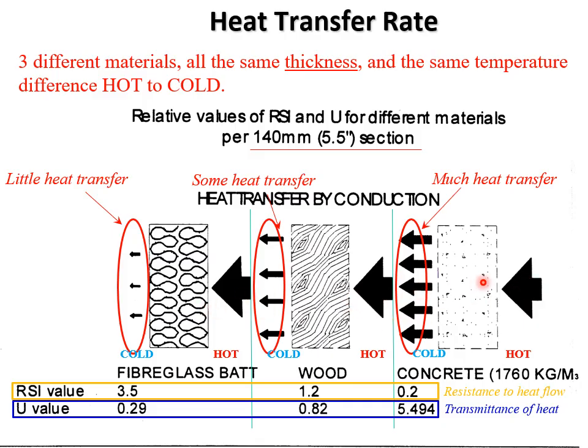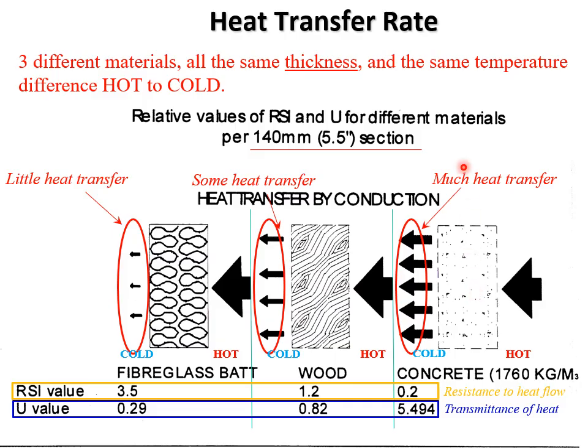The materials are concrete, at a particular density of 1760 kilograms per cubic meter; wood of the same thickness with the same hot side; and a fiberglass batt of insulation. You can think of this as the pink insulation you might see at the big box stores or in a building, with the same heat applied to one side and the same thickness as the wood and the concrete.